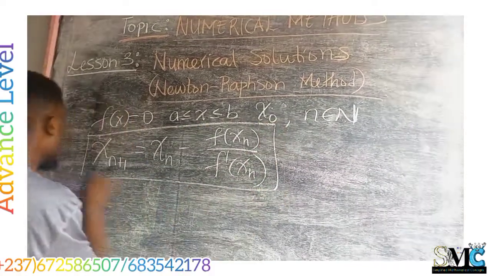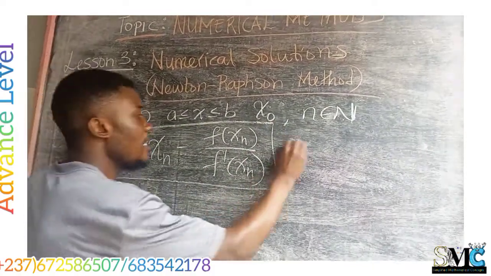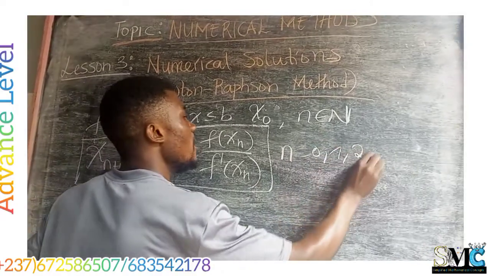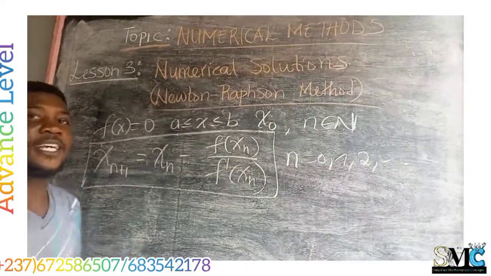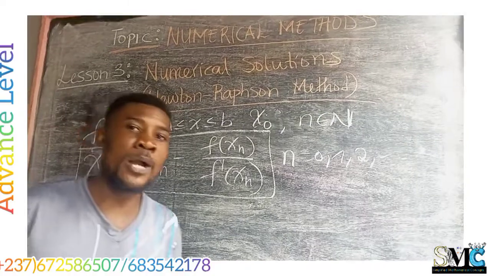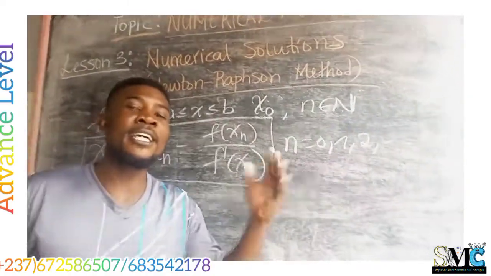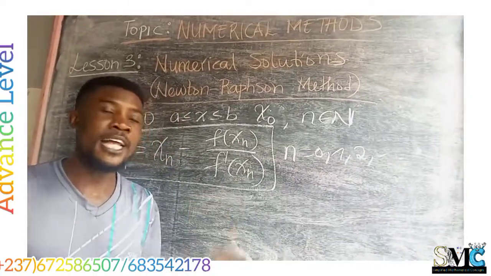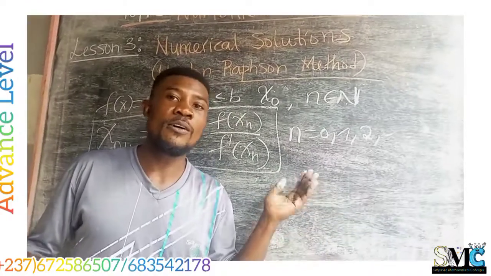This means that for different values of n, which could be 0, 1, 2, and so on, you are going to get the next approximation until the number of approximations that the question wants you to find.